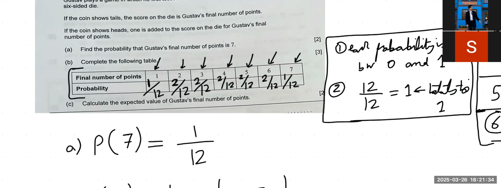So every single one has a top number smaller than the bottom, which means every single probability individually is between 0 and 1. Probabilities cannot logically be more than 1, because that would mean that somehow it's more than 100% sure that something's going to happen. It's impossible. So that's why each individual probability has to be between 0 and 1, and every single probability must add up to a total of 1. Is everything clear?